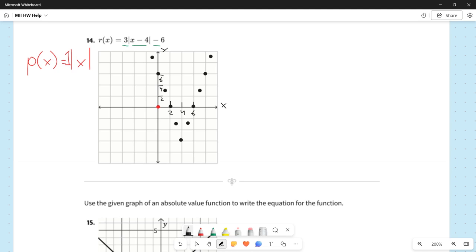And we connect these points, and we should be good to go. So that's the first piece there, and my second piece is right there. And that is the graph of r of x.